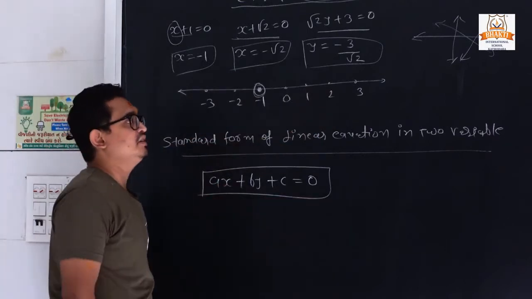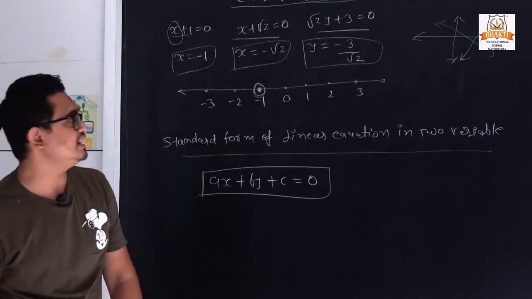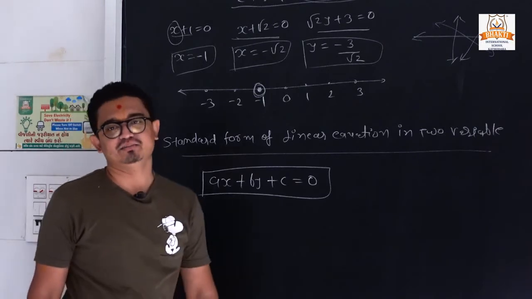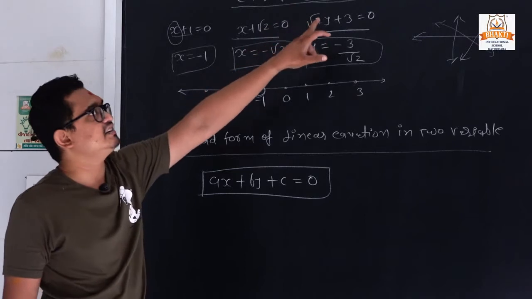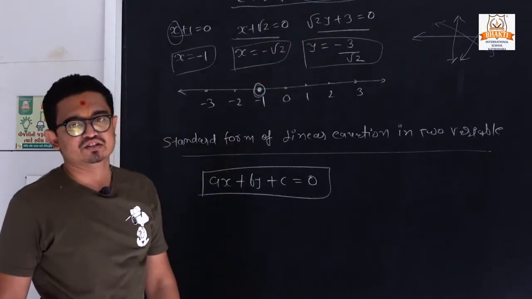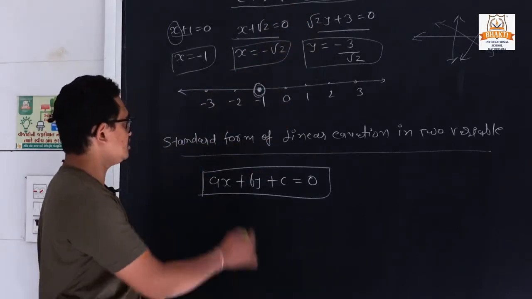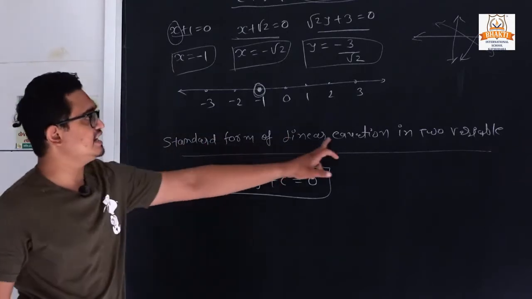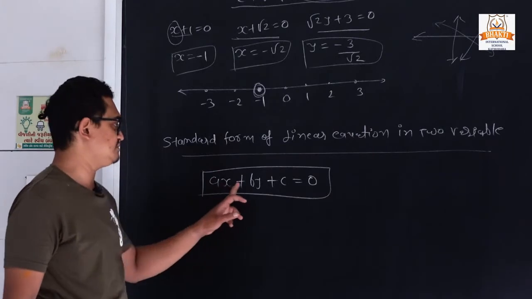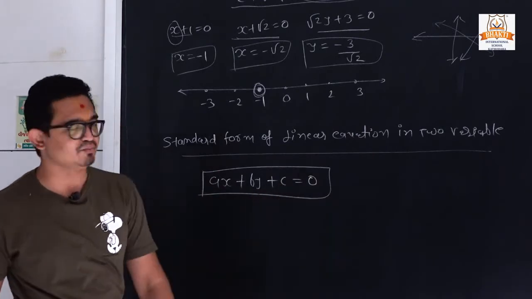But now we have linear equations with two variables. Clear? In 9th standard we are going to learn linear equations in two variables. So two variables means what? First of all we learn its standard form. The standard form of a linear equation in two variables is ax plus by plus c is equal to 0.